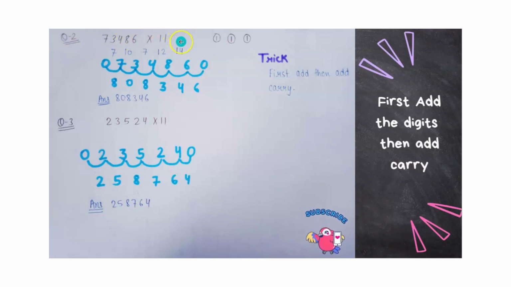How do you need to do it? First, understand what n is here. n is 2, from 11. And how many zeros do you need to add? n minus 1, that is 2 minus 1, which is 1.